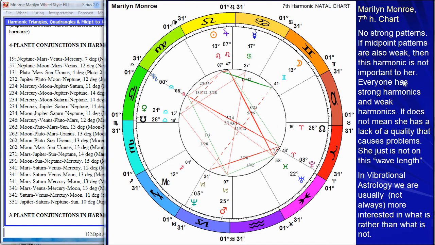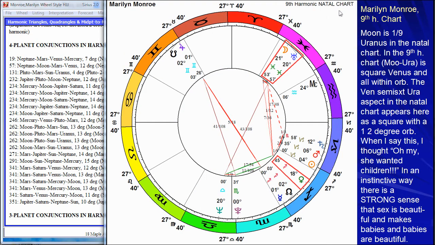It just means it's not important to you. You're not on that wave. She's not on the seventh harmonic wave, which is the wave of discipline, training, and introversion. It's just not something that's hugely important to her. She does have Sun and Jupiter, 2 sevens. She's not missing it. It's not like there's some huge lack, but it's not her main thing to be in training all the time.